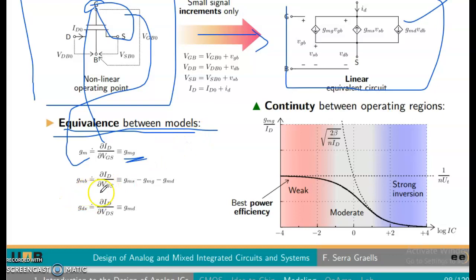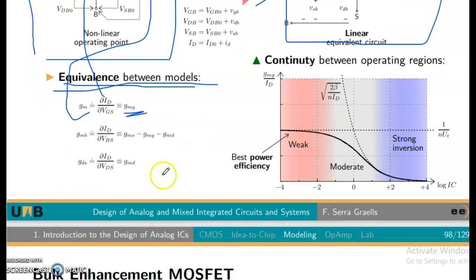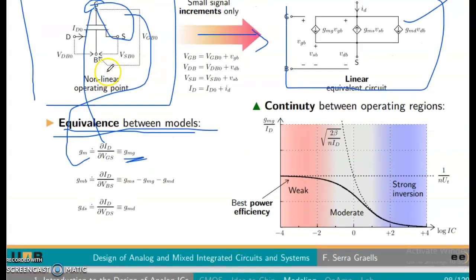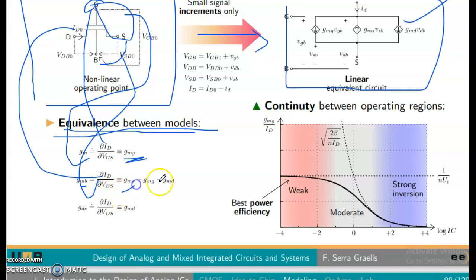GMS equals dou ID with respect to the source voltage, that is GMS, the source.